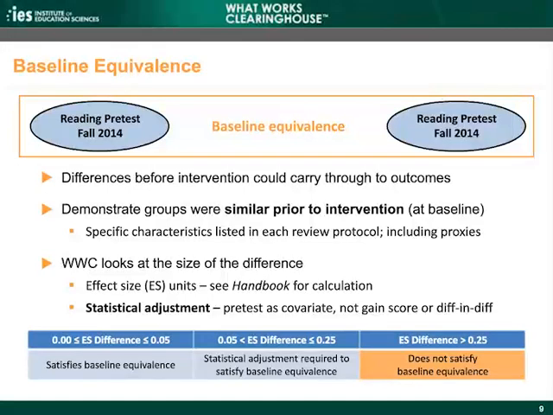For topic areas that focus on specific subpopulations, such as youth with emotional disturbance, a study must also establish that the intervention and comparison groups are similar on behavior at baseline, regardless of the outcomes that are examined. Finally, some topic areas, such as the dropout and post-secondary areas, focus on outcomes for which there are no natural pretests or prior measures.